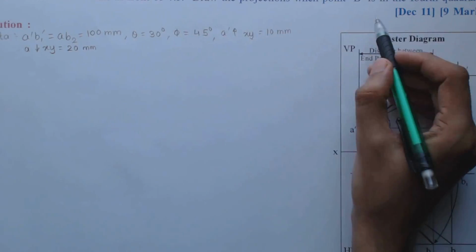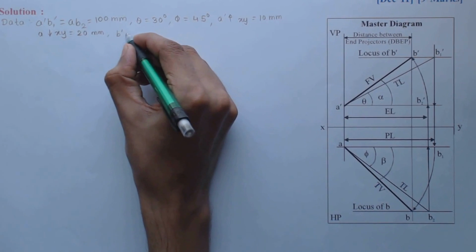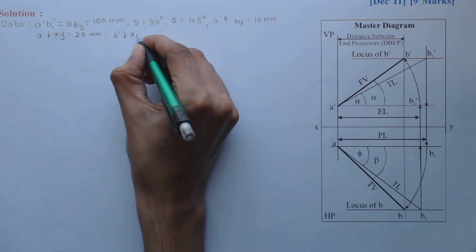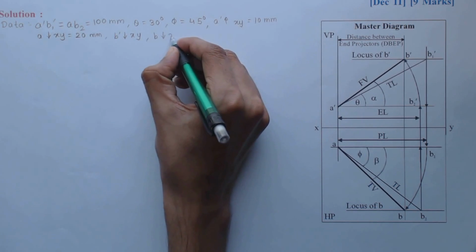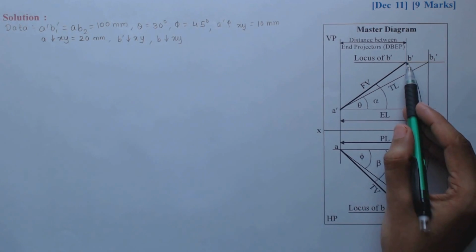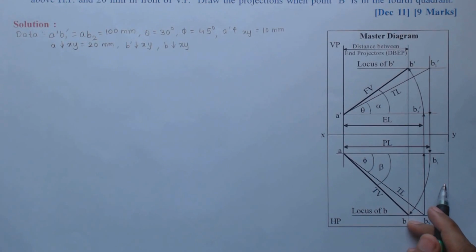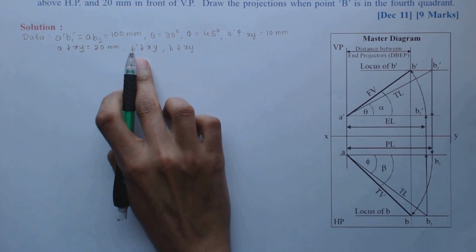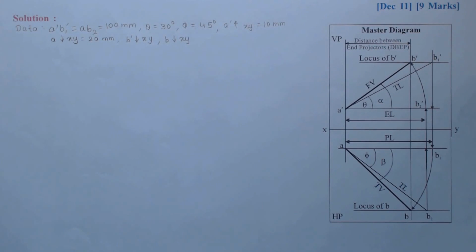So I can write for B, its corresponding front view B dash will be below XY and the corresponding top view B will also be below XY. Here for the first quadrant B dash was above the XY and B was below the XY. So we need to take care of this. Everything else will be the same as the master diagram.